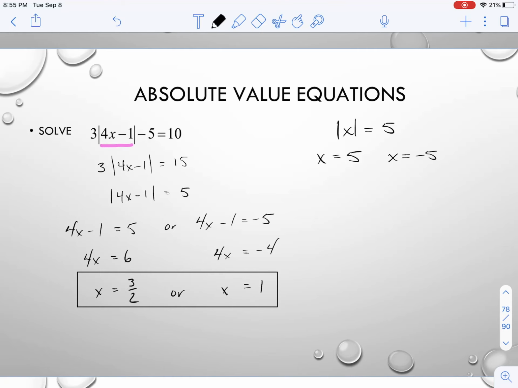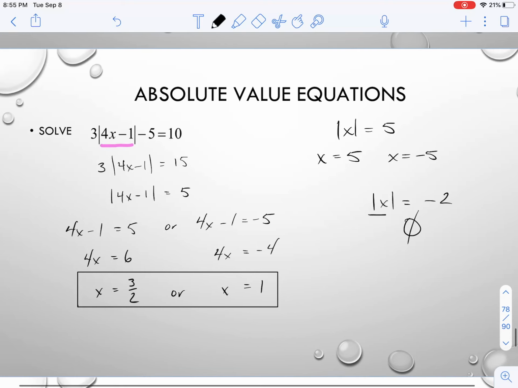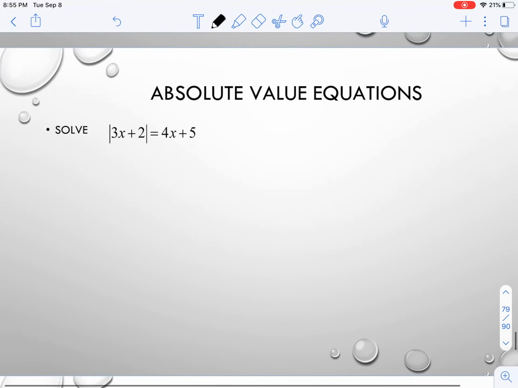If I simplify and I get an absolute value that equals, say, a negative number, this is going to give me no solution. Once I have the absolute value isolated and it's set equal to a negative number, I know there's no real value that makes that true, so we would have no solution in a situation like that.